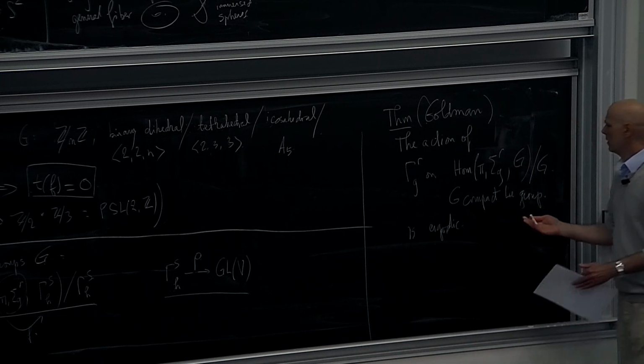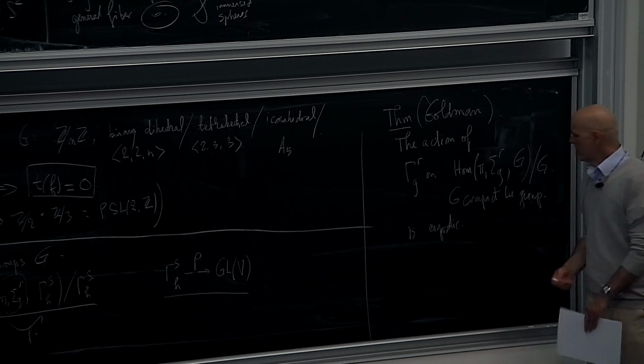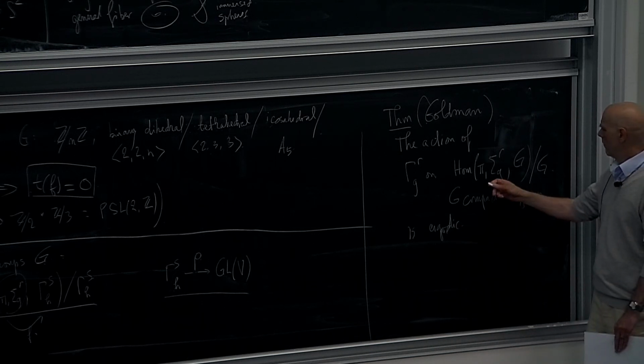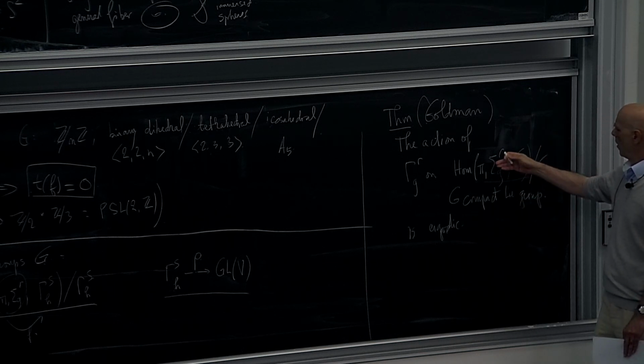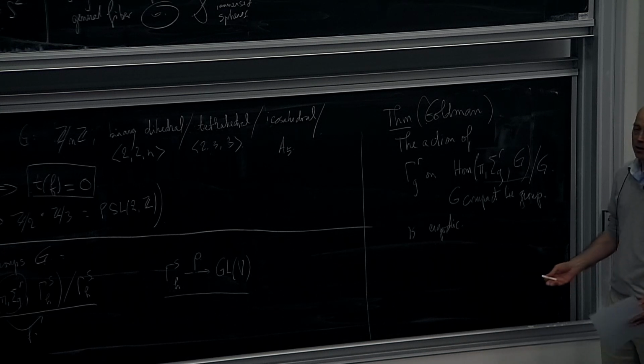Ergodic means that, from the point of view of measure theory, measurable functions on this space which are invariant by Γ_g are simply constant.